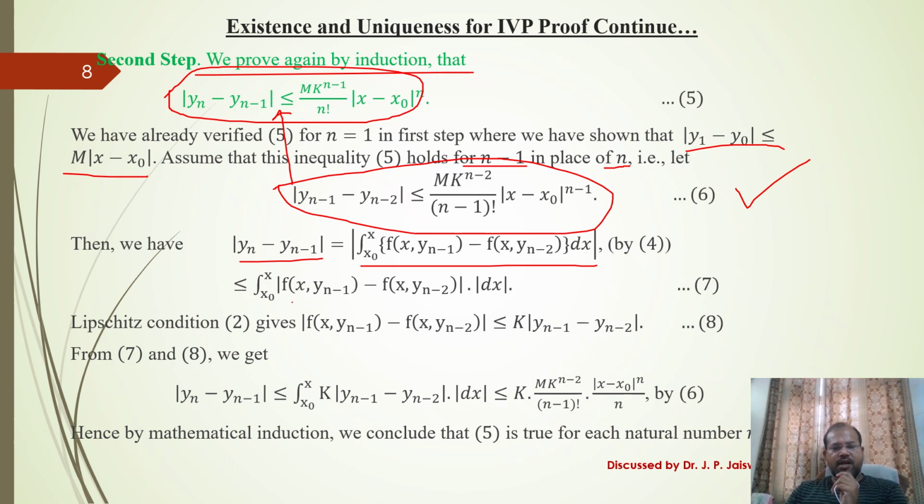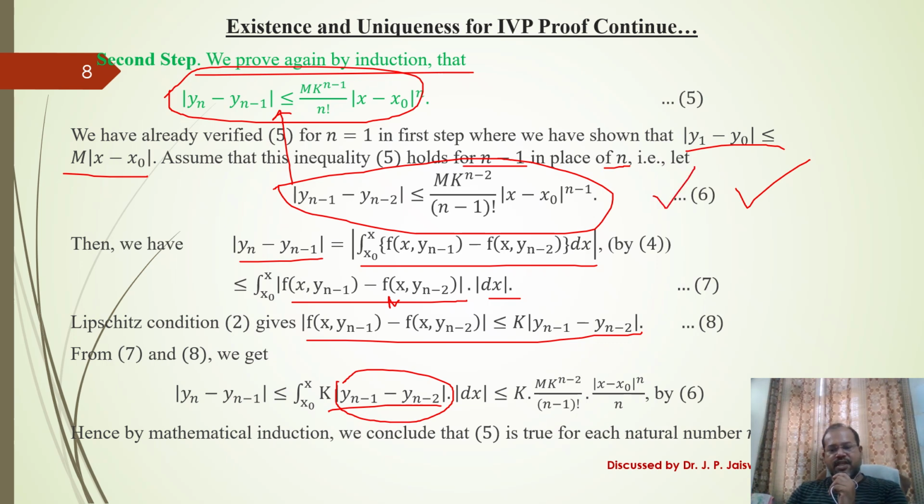You insert the mod inside, and the quantity becomes less than or equal. And in the first term, we use the Lipschitz condition. So this becomes that. Now K is constant, and |yn-1 minus yn-2| you have already assumed in equation number 6, so we use this relation.